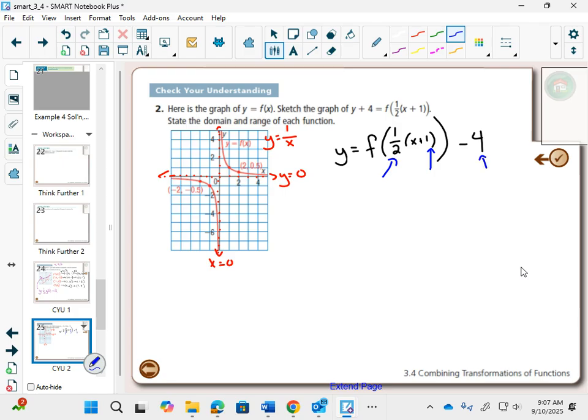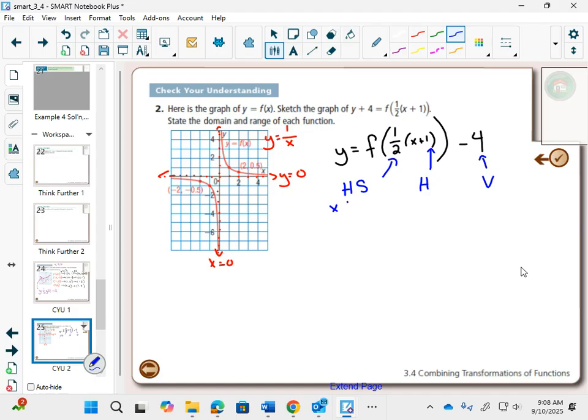There are 3 new numbers there. What does the 1/2 do? What does the plus 1 do? What does the minus 4 do? These first 2 arrows are inside, so they're going to be both horizontal. Does that make sense? This is outside. It's going to be vertical. The 1/2 is a horizontal stretch.